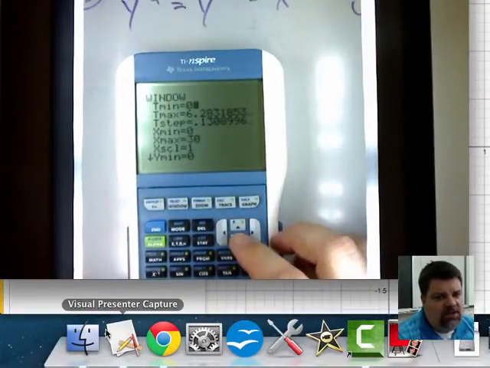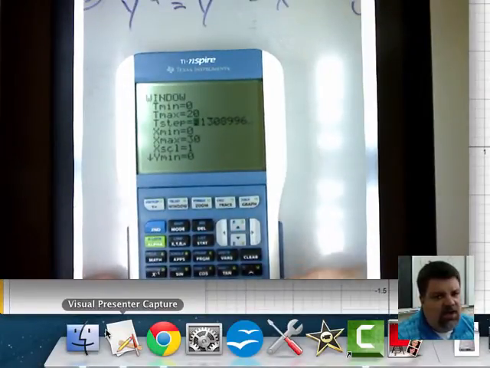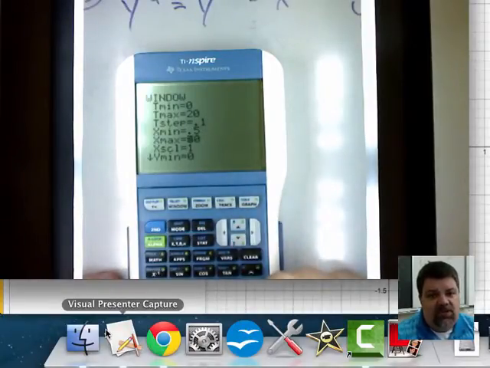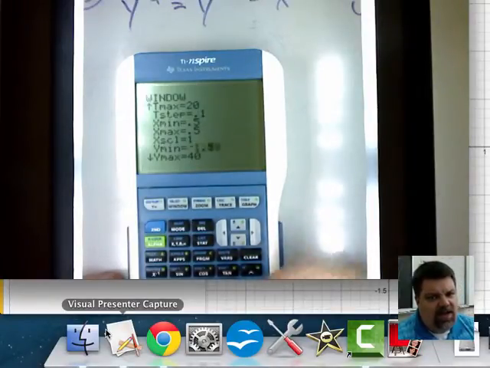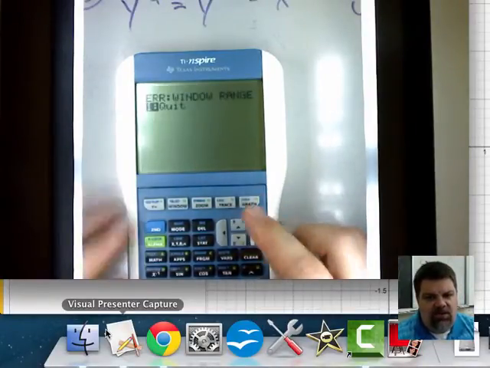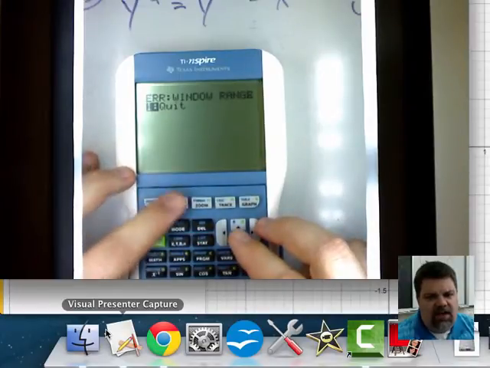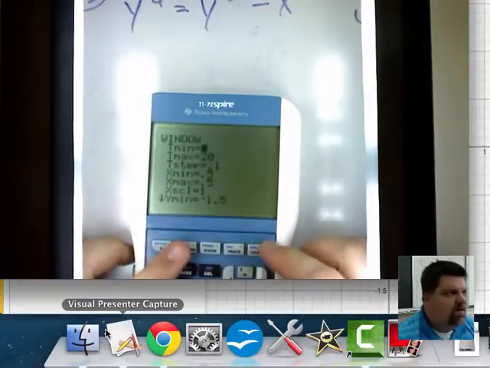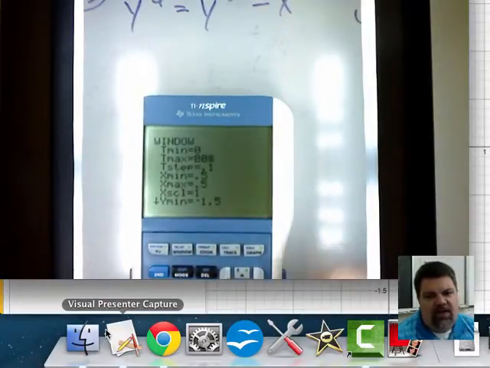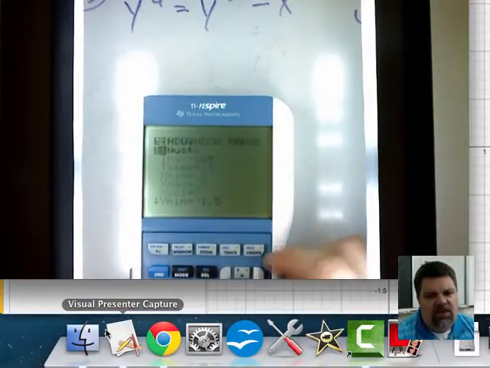Now the only other thing that we need to do is set our parameters. Remember, both the x and y value are dependent upon t, and so I'm going to plug in like 0 to 20 for t min, t max. And I noticed that when I graphed it on my website, that the x and y value went from negative 0.5 to 0.5.